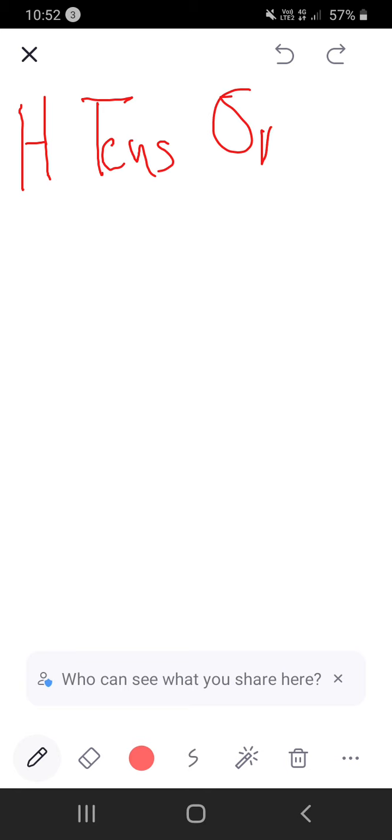These are the place values. See here, as we were writing the place values: hundreds, tens, ones. So when we are going to the right side, the ones place will be divided by 10, and it will become tenths.